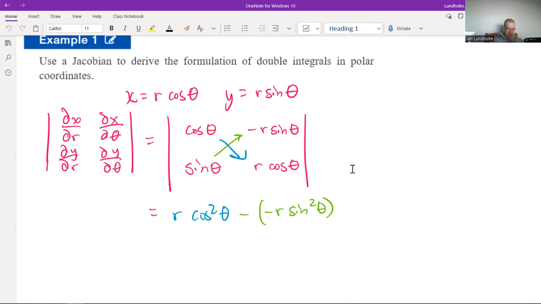And so in the end, we get r cosine squared theta plus r sine squared theta. And since we know our Pythagorean identity, we can factor out an r and get cosine squared plus sine squared. And that just equals r.